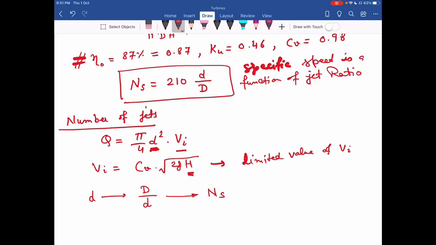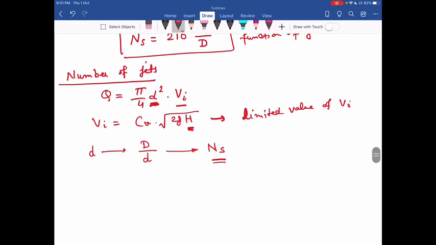So for a given turbine, the specific speed is fixed. Now further you can see D. So I have U equal to pi d n divided by 60, or in terms of speed ratio I can write U as Ku under root of 2gh.